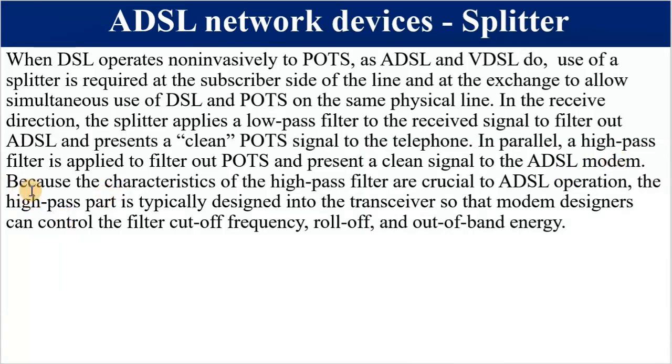So please take note of this important point, which says the characteristics of the high-pass filter are crucial to ADSL operation. Hence, the high-pass filter is typically put into the transceiver, or into the ADSL modem, instead of into the splitter. You can prove this, that the high-pass filter is not in the splitter but in the ADSL modem.